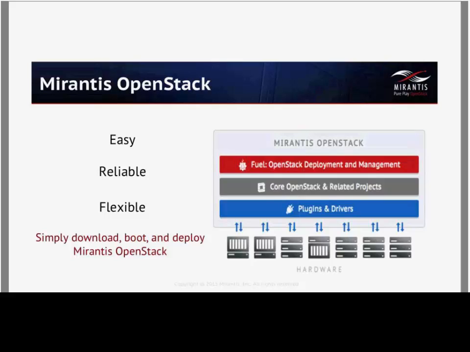distribution which incorporates the core OpenStack code and related projects and select plugins and drivers from partners, as well as a great deal of what we call configurational hardening code. The configurational hardening is the result of a great deal of experience that Mirantis has implementing clouds for customers.